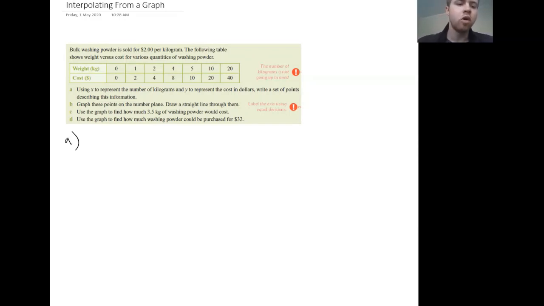So the coordinates of the first column are just (0, 0). The x value is 0, the y value is 0. And then the next one is going to be (1, 2). So the x is 1, y is 2, etc. And we can go along and create all of these coordinate points.